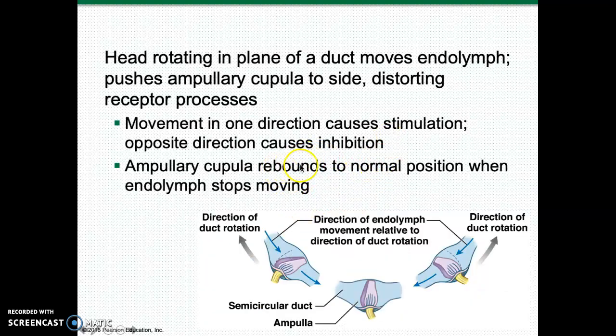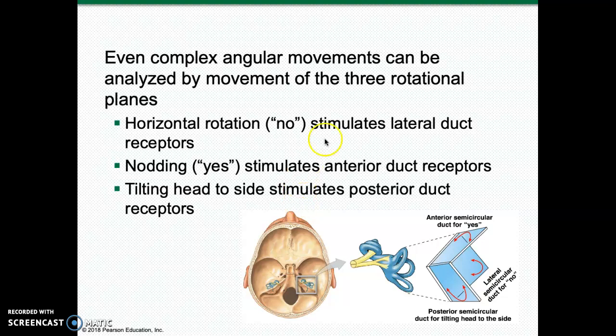So if you move your head in different directions, it's going to cause stimulation of the hair cells in one direction or the other. So shaking your head no, nodding your head yes, tilting your head to the side is going to stimulate one or the other of those three semicircular ducts.